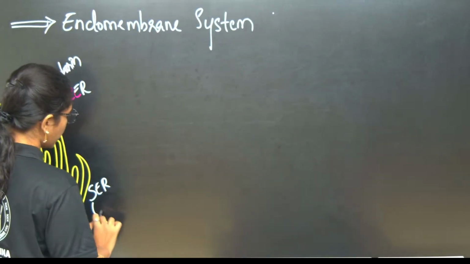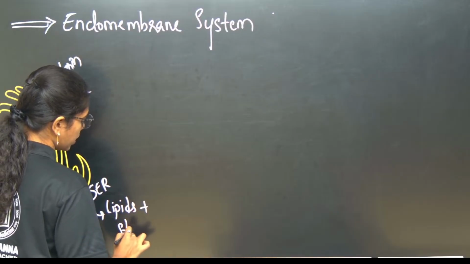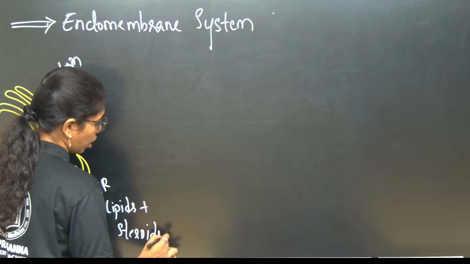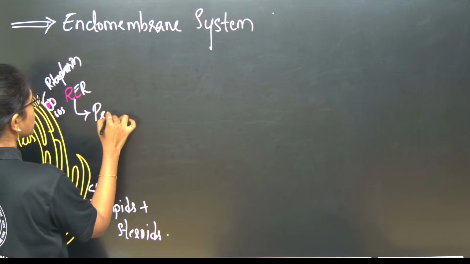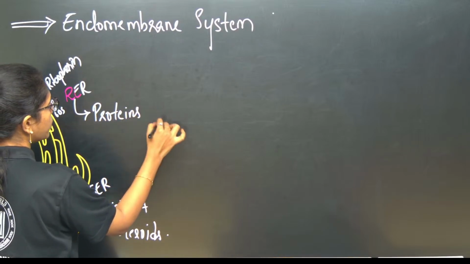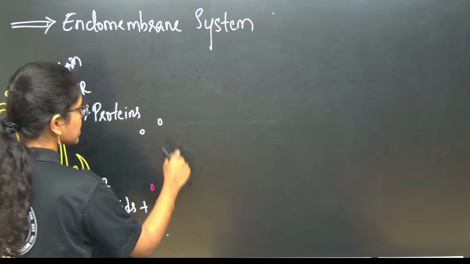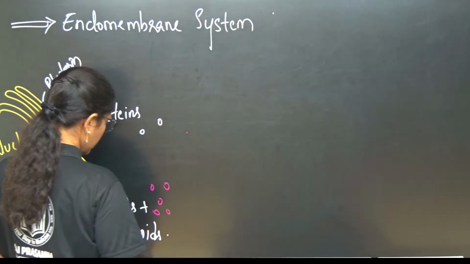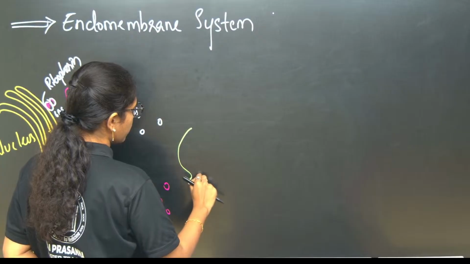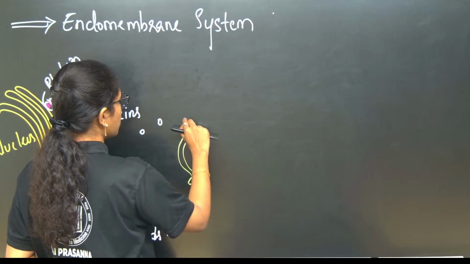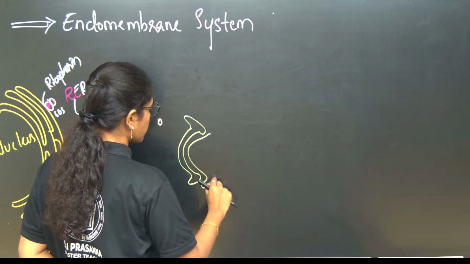Smooth endoplasmic reticulum will synthesize lipids and steroids, if it is steroids like cholesterol, in the animal cell. Rough endoplasmic reticulum will synthesize proteins. So, these proteins and the lipids or steroids are accepted by which face of the Golgi? They are accepted by the cis face of the Golgi, which is convex.